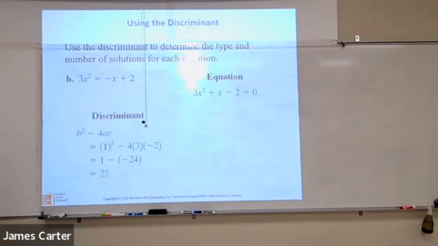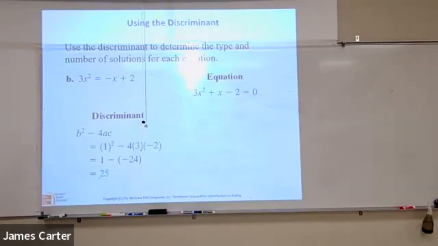The discriminant in this case, b is 1, a is 3, c is -2. 1 squared is 1. 3 times -2 is -6 times 4 is -24. Here's that negative times the negative. Ultimately, you're going to end up with a positive 24. You understand that, right? Which gives me a total of 25.